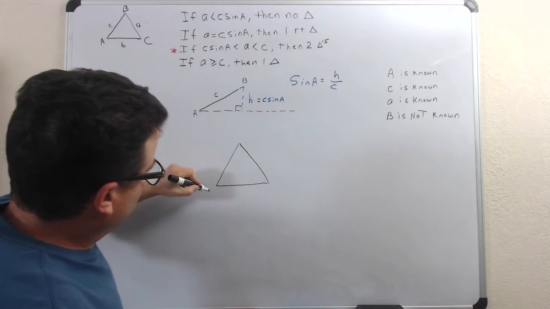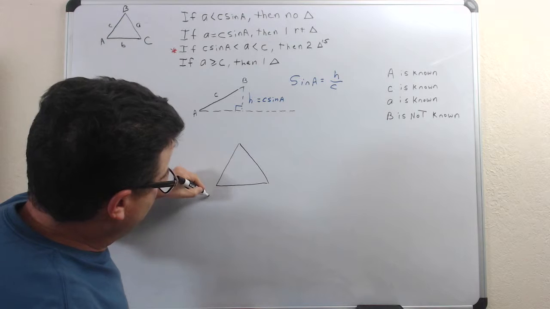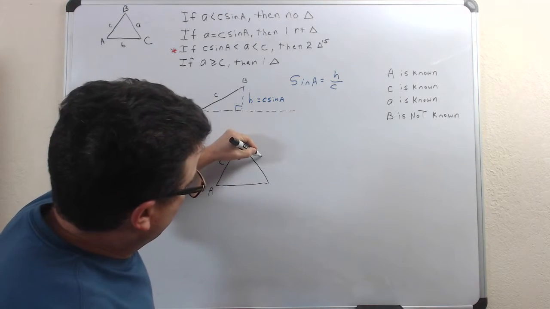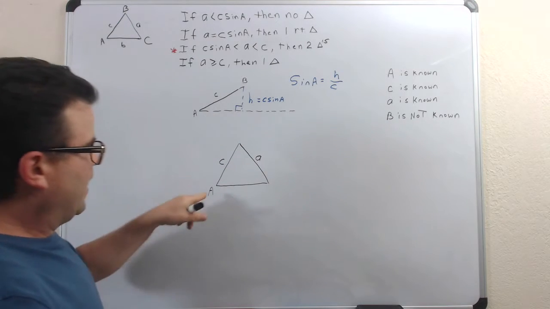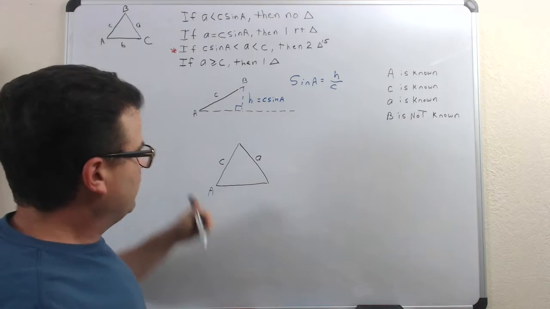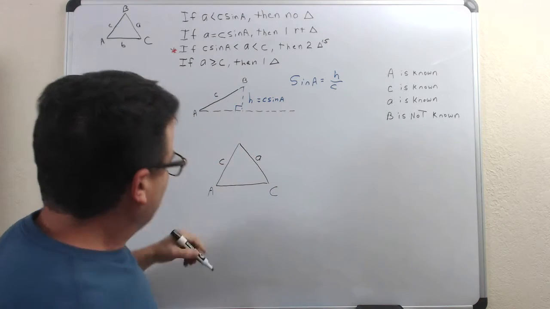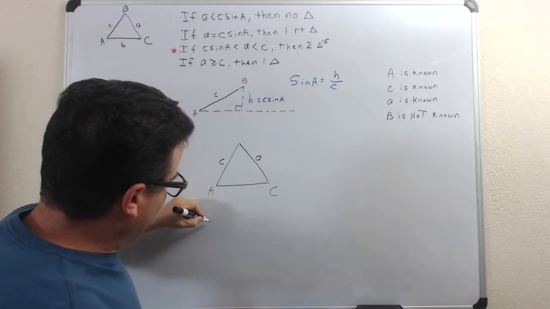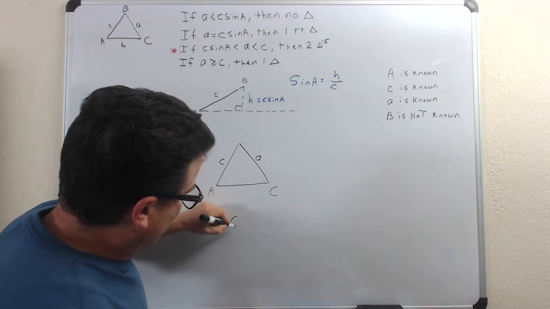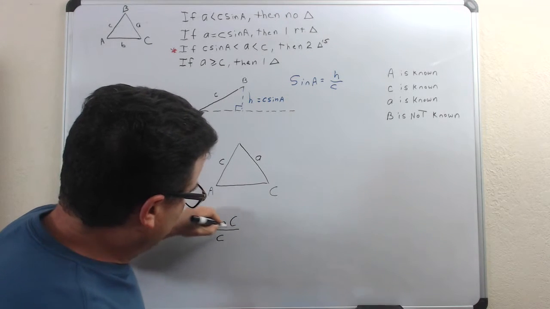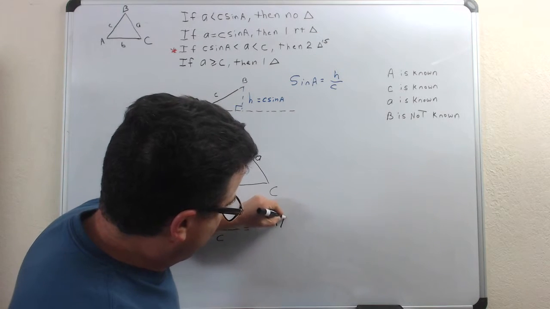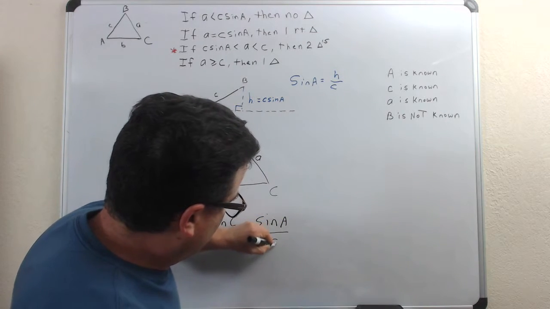label what we know. We know A, we know C, and we know A. So that's angle, side, side, that's what we know. And then I would use the law of sines to compute what big C is. So using the law of sines, we would get sine C over c equals sine A over a.